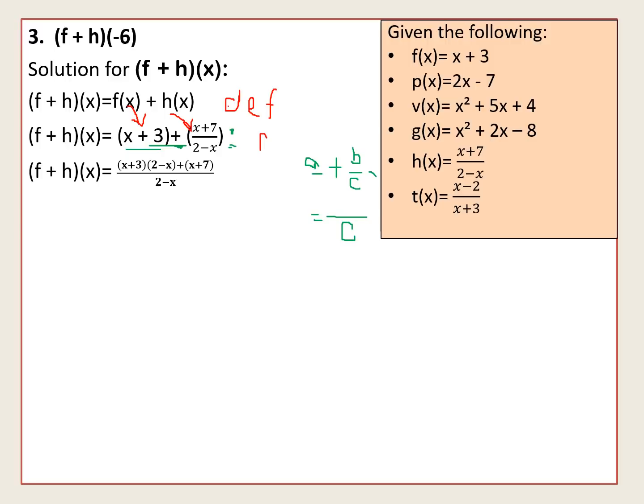Tapos, si C sa denominator, imumultiply natin siya dito sa una. Therefore, ano yung magiging unang term natin sa numerator? Ang magiging unang term natin sa numerator would be A times C. Tama ba? We just simply multiply C by A. Tapos, add na tayo.